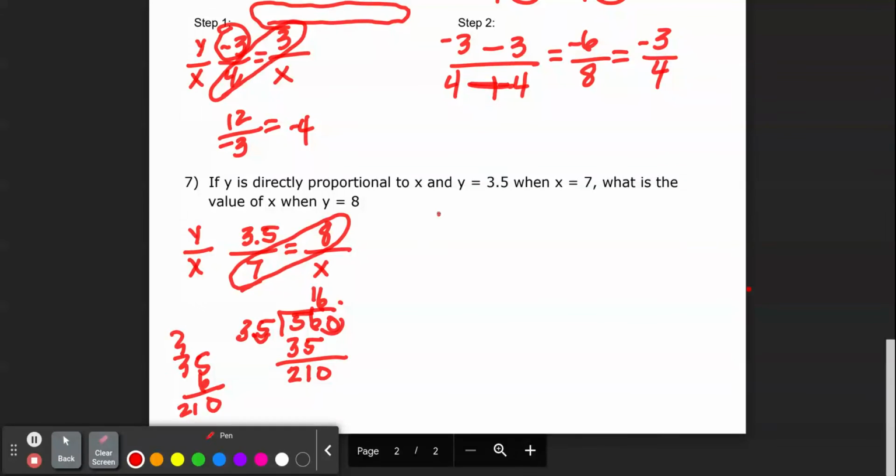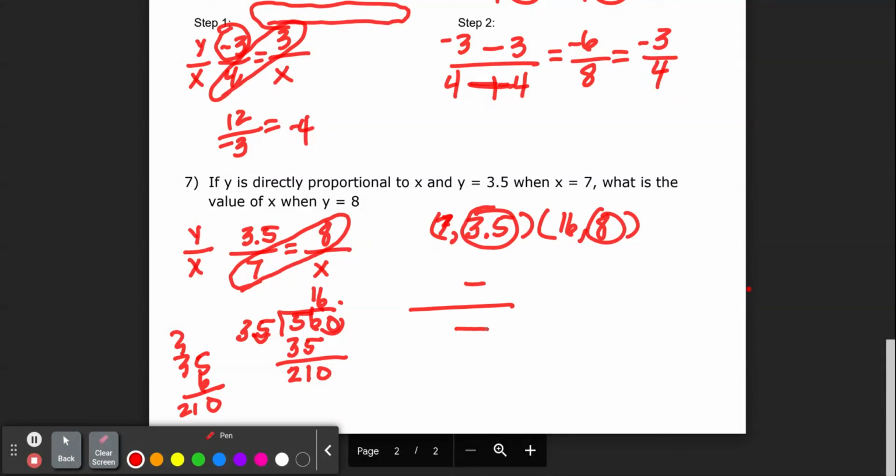So let's take a look at our ordered pairs. So we're going to have 7 and 3.5. And then what is the value of x? So we found it to be 16 and y is 8. All right, so here we go. Circle the second numbers. And then we do our dash, line, dash.